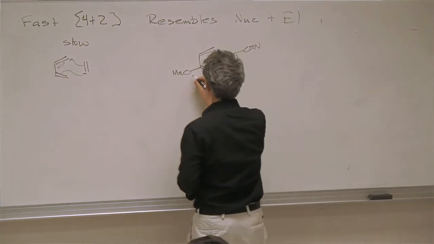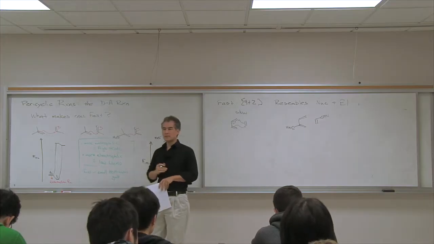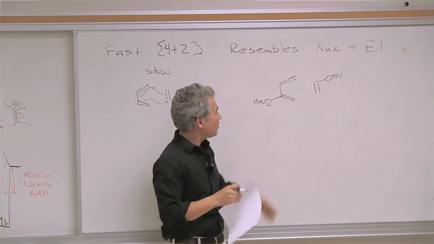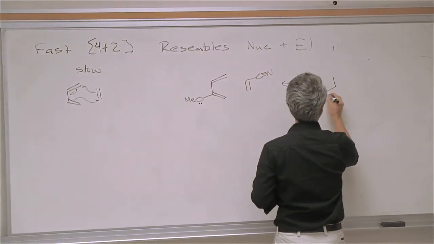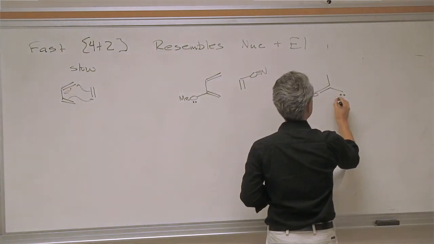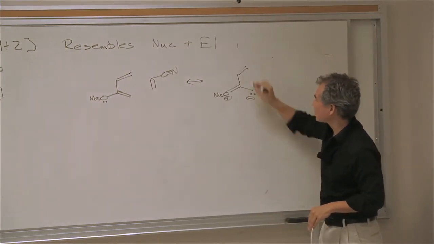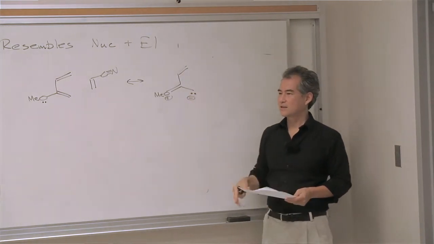If I draw a resonance structure to help me understand the effect of this methoxy substituent, I'm going to use those lone pairs and make them donate into this alkene. Another way of describing that is by drawing out the resonance structure, where I can see that this diene ought to be very nucleophilic on the end carbon.